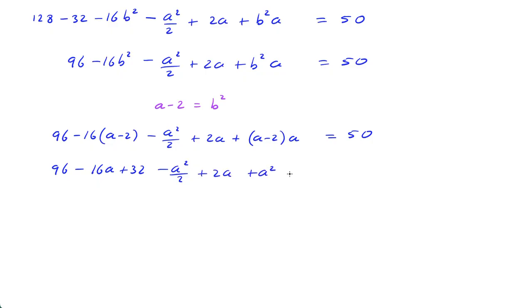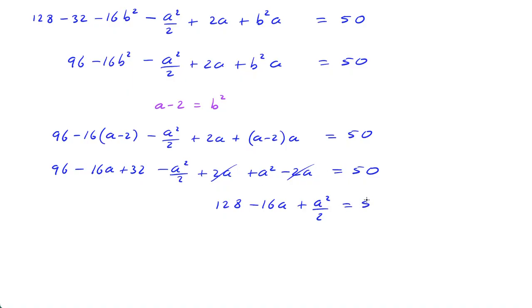I guess let's tidy this up. Well, I have 2a minus 2a, which is gone. I have 96 plus 32, which is actually going to be my 128 again. So I have 128 minus 16a, and then a squared over 2 plus a squared, so that's like 2a squared over 2, so that would be plus a squared over 2, you can do that with your calculator, guys, minus a half plus 1 equals 50.